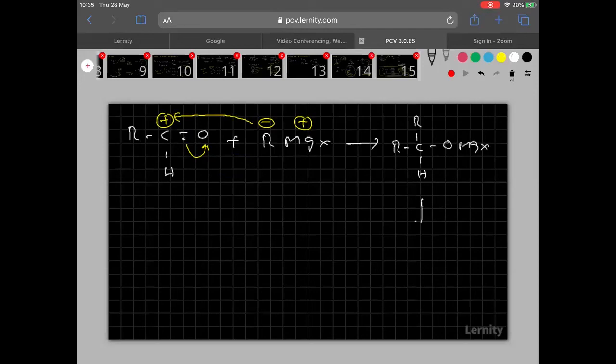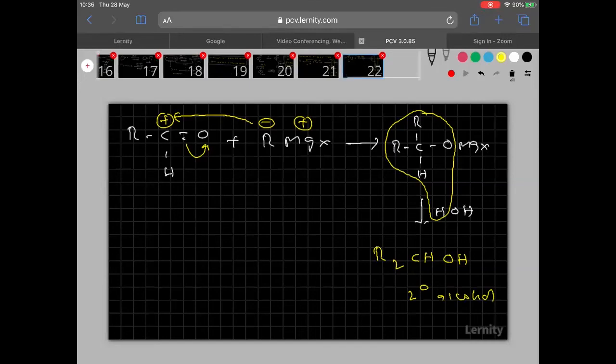So this on hydrolysis, you will get R2 CH OH. Which alcohol? Secondary alcohol. So aldehydes will give secondary alcohol, but methanol will give primary alcohol. Hope you are able to understand.